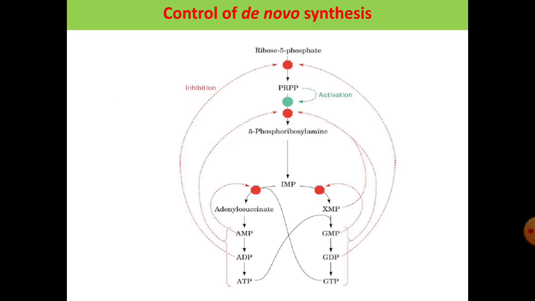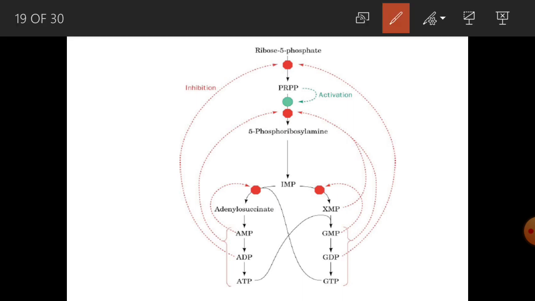Now, let us see the overview, control of de novo synthesis. As I had told you, ribose 5-phosphate to PRPP, after that 11 steps, and we are getting IMP. In between, 5-phosphoribosylamine, that is the committed step, is also mentioned here, and you can see how AMP and GMP, even XMP, all are feedback regulating the initial enzymes.